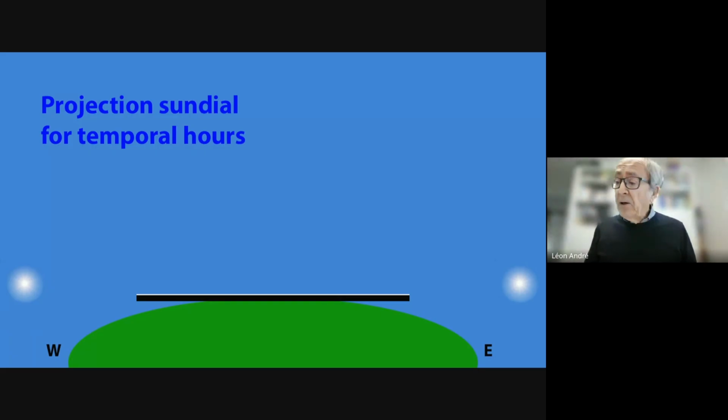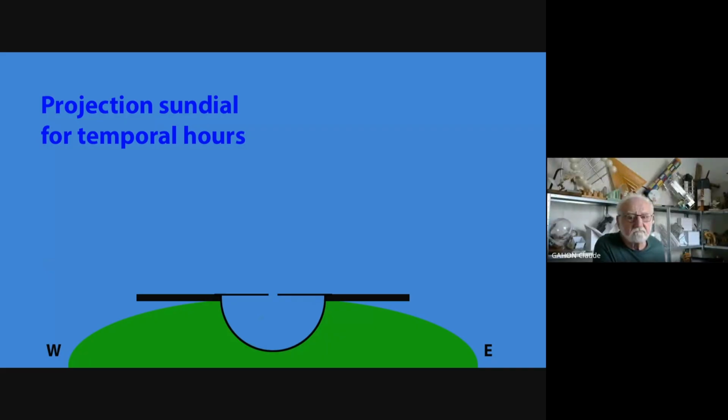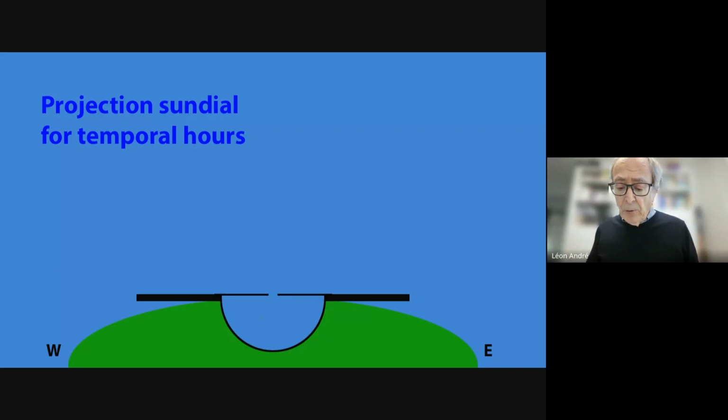If you create an indentation in the plane and place a mask with a small hole over it, the point of light will move within the indentation from sunrise to sunset.